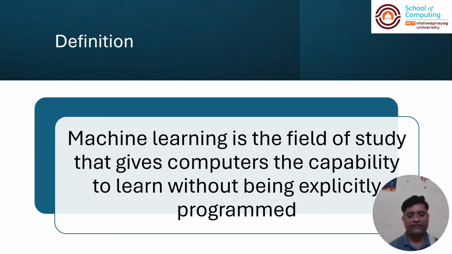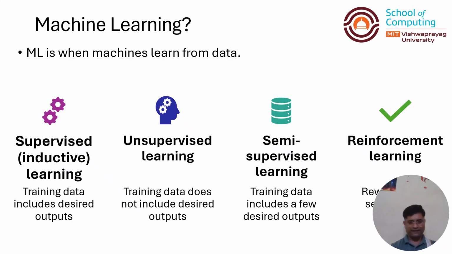The simple definition of machine learning is that it is the field that gives computers the capability to learn without being explicitly programmed. That is, a machine should learn by itself without being explicitly programmed, provided the appropriate data.